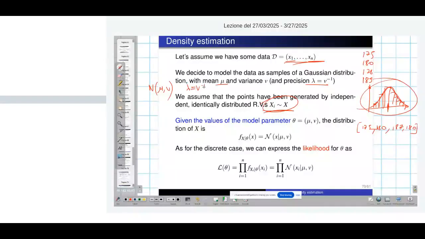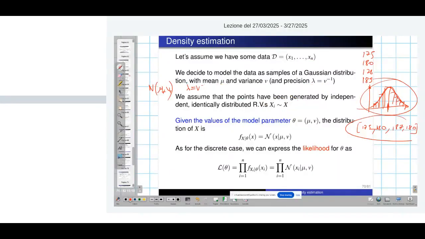There is, in the frequentist world, a Gaussian distribution with parameters mu_t and v_t, the real distribution parameters, responsible for generating the height of the people. Again, this is a model, so it's not true. The heights are not generated by random sampling, but the model assumes this.